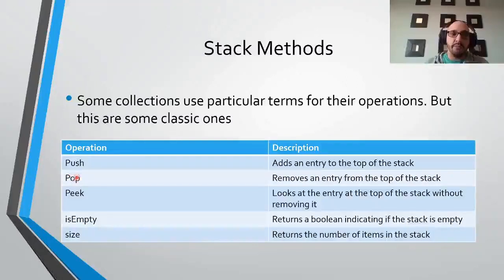The second one is pop, which removes an element from the top of the stack. Then we have peek, which tells me what the element at the top of the stack is, but doesn't remove it. And then I have 2 other methods that have to do with the number of elements on the stack. isEmpty is a method that returns a boolean, true or false, depending on whether the stack is empty. And size is a method that tells me how many elements I have on the stack.